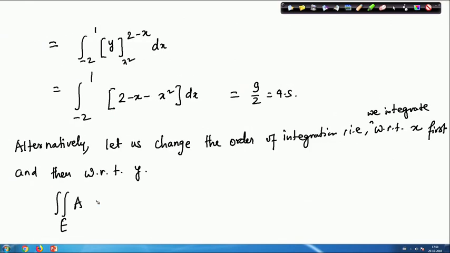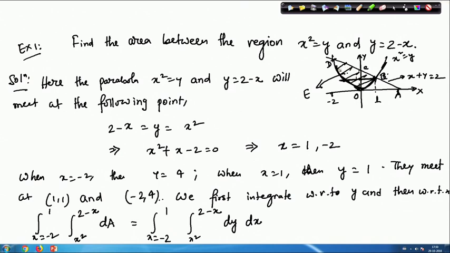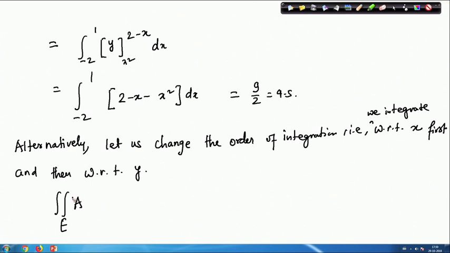So let's write it. So we separate the integral into these two subregions. So this is my first subregion. Let's mark this way, and this is my second subregion. All right. So we will write here dA.